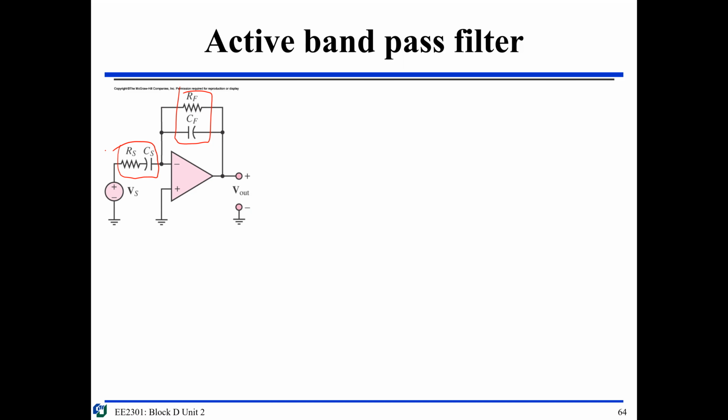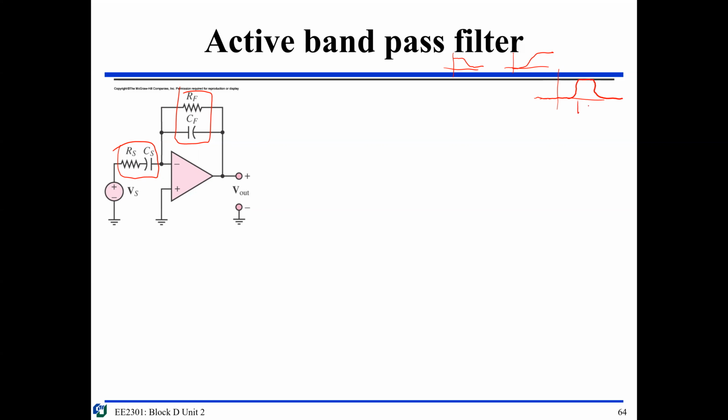So remember, a low pass filter is something like this. A high pass filter is something like this. What if you say, I want to stop here, but I only want this one passing here, then I stop again.